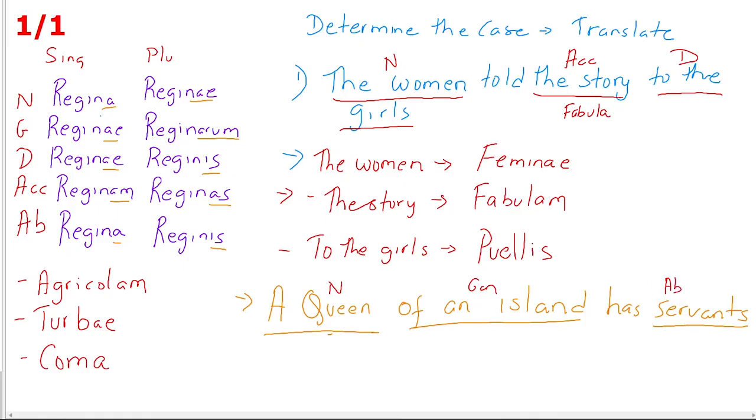Now what is the number? So sorry, this would be accusative. So what is the number, singular or plural? Singular. Then here also singular, and accusative would be plural, right? So queen, that would be Regina.